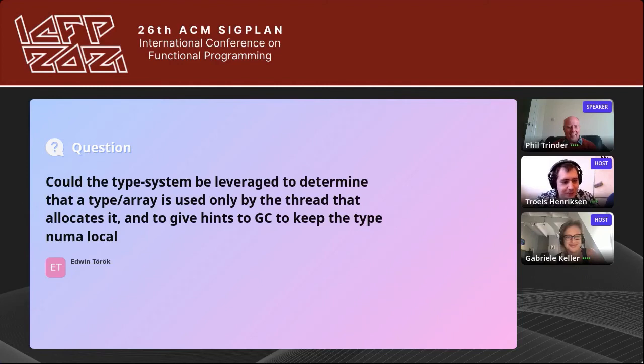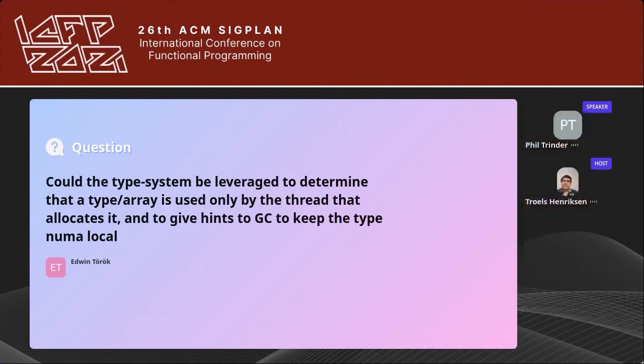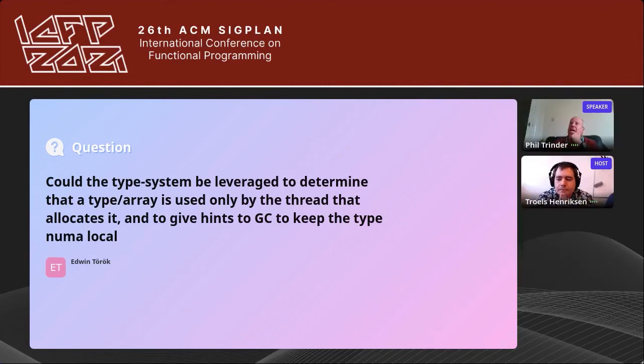Good question. All right, we have another good question, because they're all good. Could the type system be leveraged to determine that a type/array is used only by the thread that allocates it, and to give hints to GHC to keep the data NUMA local? Well, there are, of course, non-strict functional languages like Clean that have uniqueness types and are able to do exactly that kind of thing.